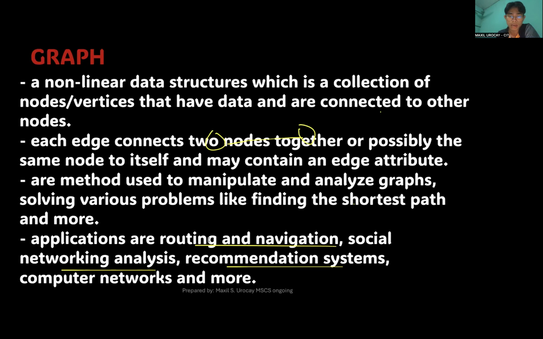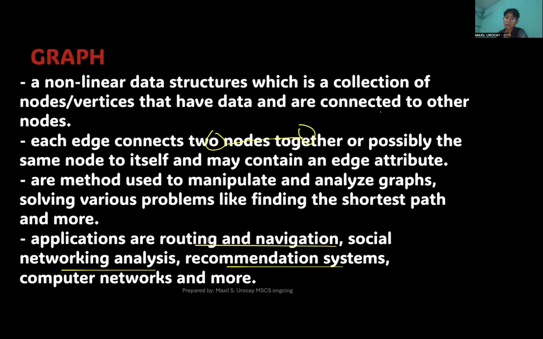Routing and navigation pertains to GPS systems using shortest path algorithms, such as Dijkstra's algorithm. There is also Prim's algorithm, and we will check that later on, especially Kruskal's algorithm and so on.